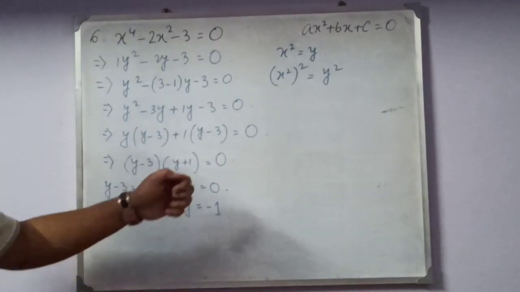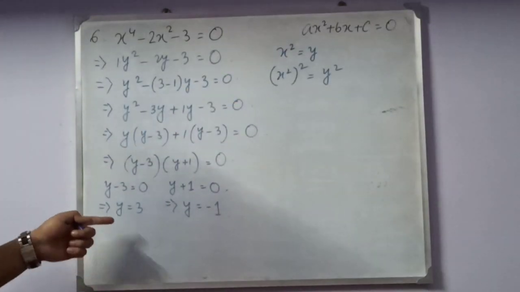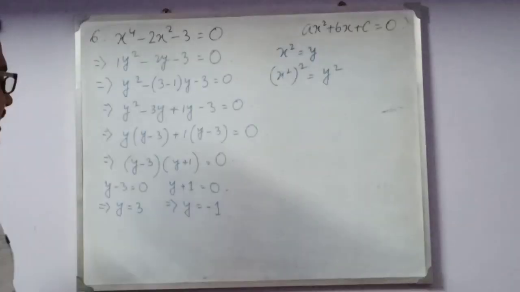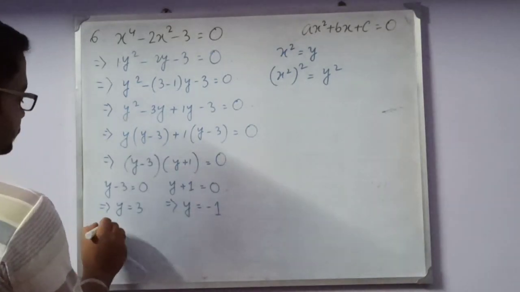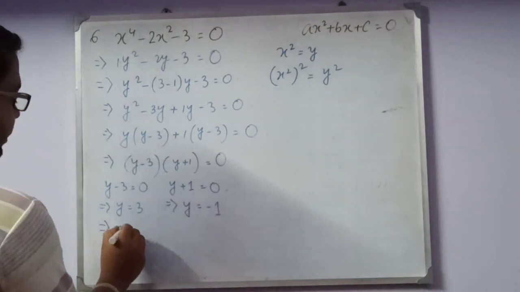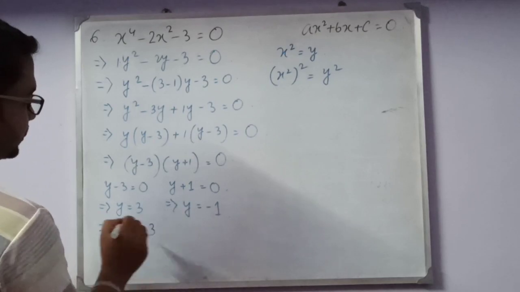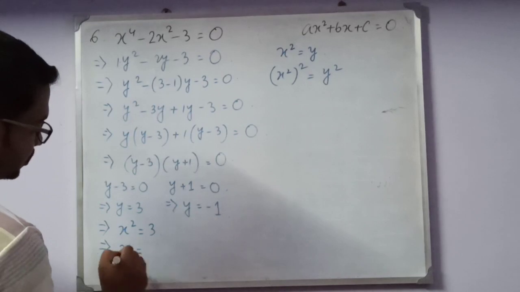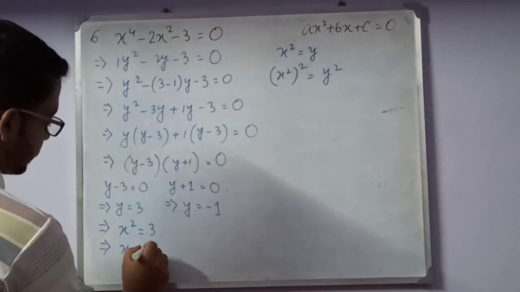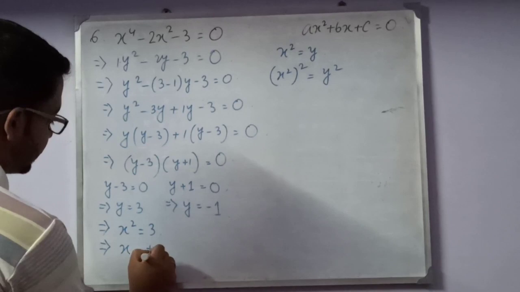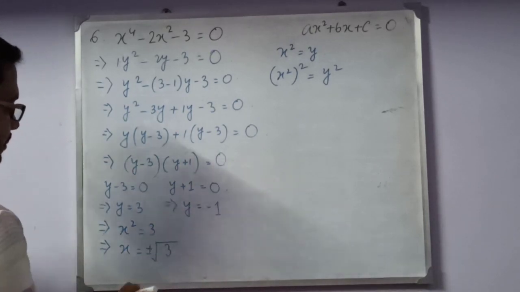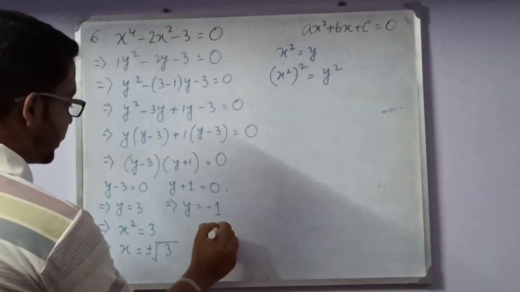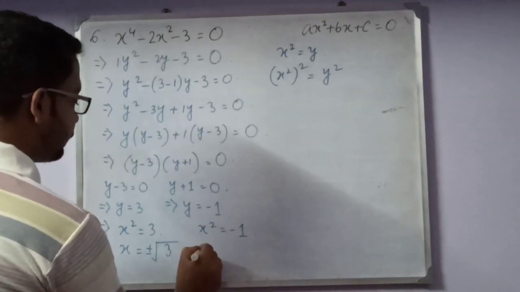But we have to find the value of x, not y. So now put the value of y that we assumed, that is x square. So x square is equal to 3. So x is equal to plus minus root of 3, and on this side x square is equal to minus 1.